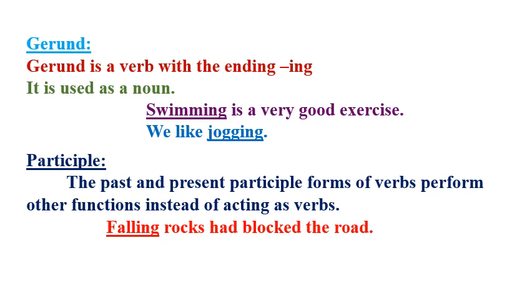It appears before the noun rocks and describes it. It gives us some more information about the noun rocks. And any word that describes and gives more information about a noun is an adjective. So here the present participle falling, instead of acting like a verb, acts as an adjective.